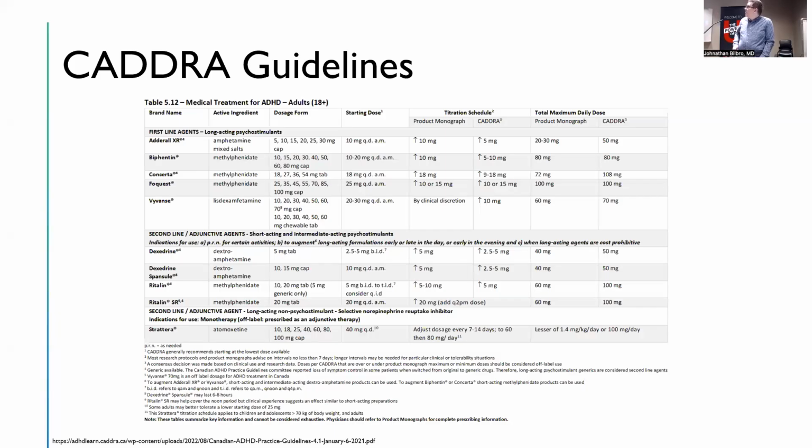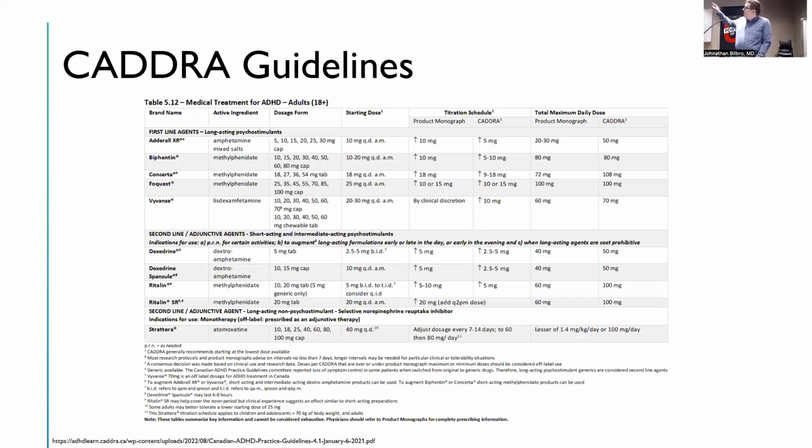Going back to those CADDRA guidelines, I included this table to show what they recommended in terms of treatment. It's pretty small, so I'll just quickly go through some things. For first-line agents, they have the long-acting psychostimulants, including Adderall XR. They recommend long-acting because the risk of abuse of long-acting stimulants is thought to be less than short-acting or intermediate-acting stimulants.